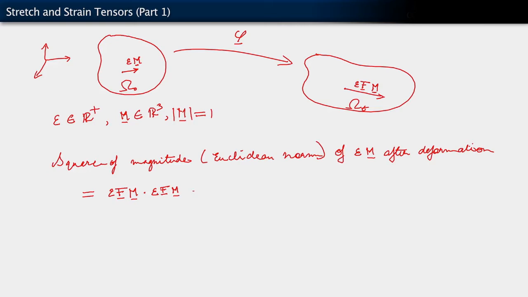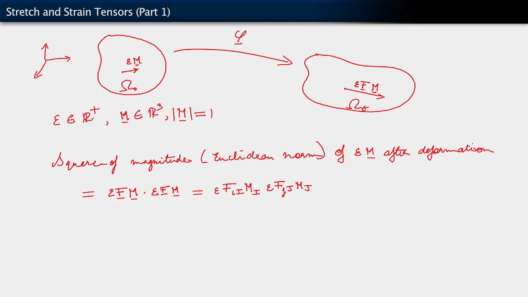Epsilon is a scalar, so it just comes along for the ride. I'm going to write the first F using indices little i, capital J. For m, I use capital I. We have epsilon again, F, little i, m, capital J. Okay, using coordinate notation.